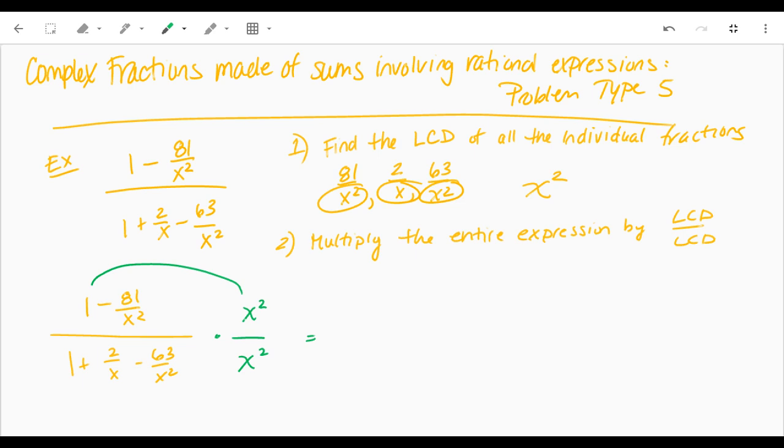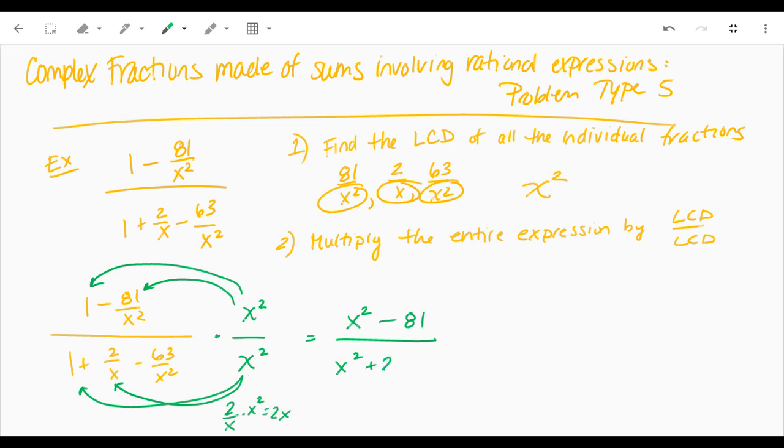Okay, so 1 times x squared is x squared minus 81 over x squared times x squared is 81, over 1 times x squared is x squared plus 2 over x times x squared, so that's going to be 2x, okay, and then minus 63 over x squared times x squared is 63.